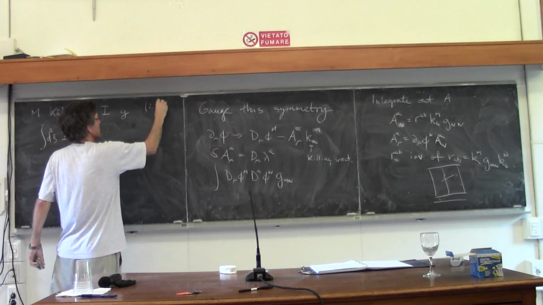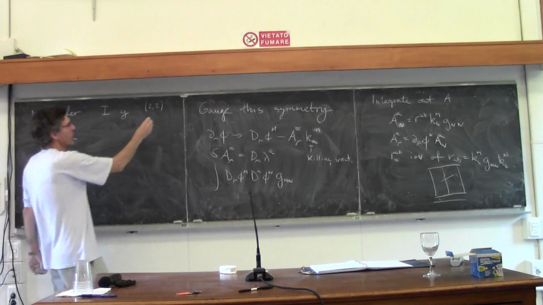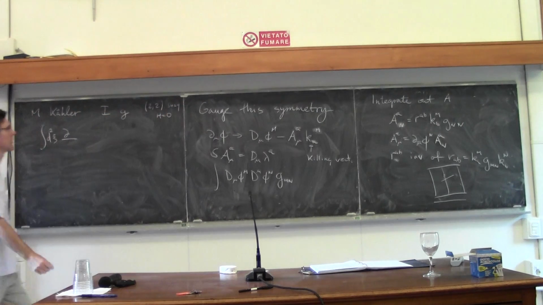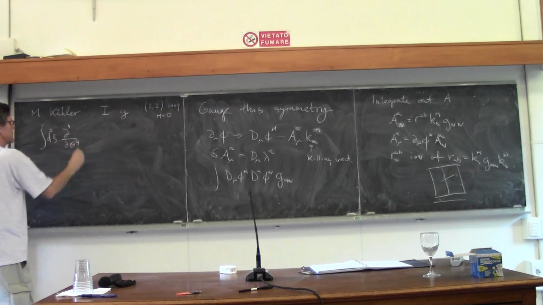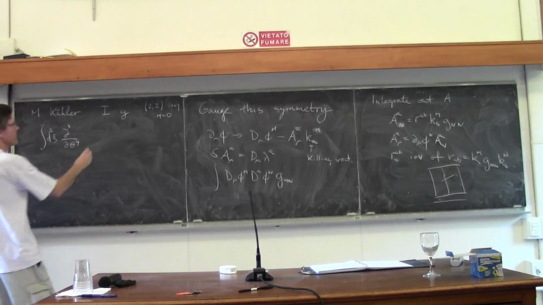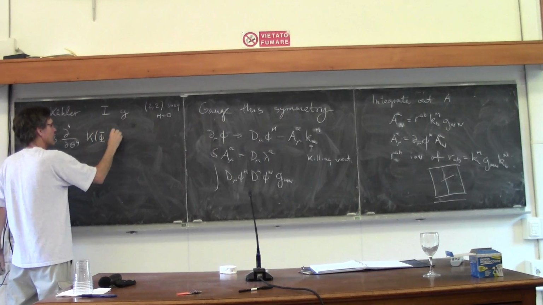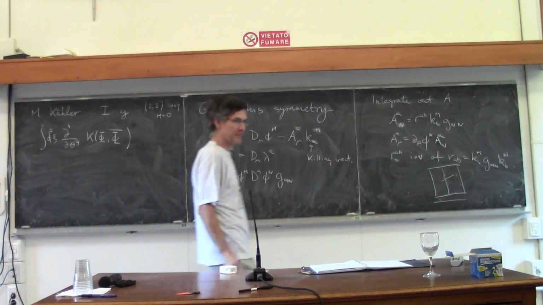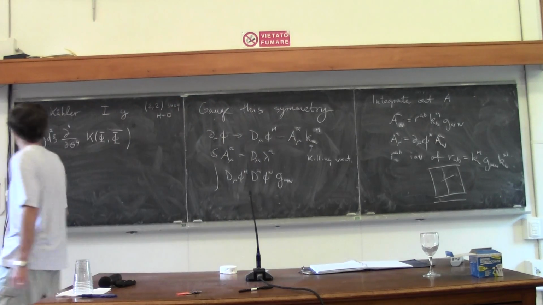So Kähler geometry, as we know now, is associated with 2,2 supersymmetry and no 3-form. So if we use a 2,2 superspace, the action will look something like this, where K is the Kähler potential for this Kähler manifold.